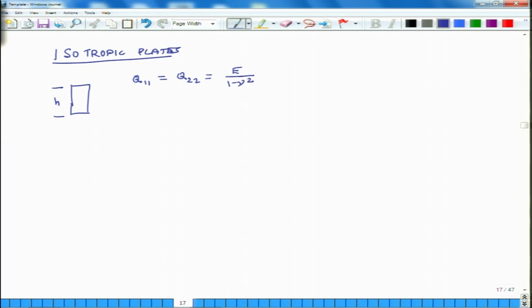This is something which we have already discussed in earlier lectures. Also, Q12 for such a plate is E times mu divided by 1 minus square of Poisson ratio, and Q66 is equal to G, and that is the same as E divided by 2 into 1 plus Poisson ratio.